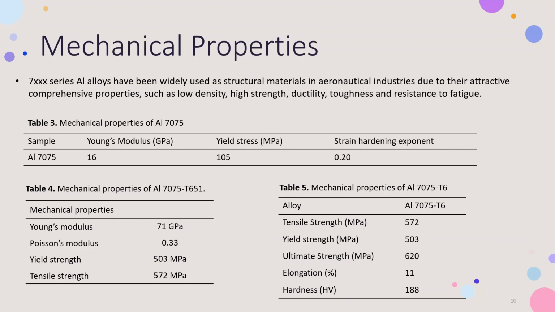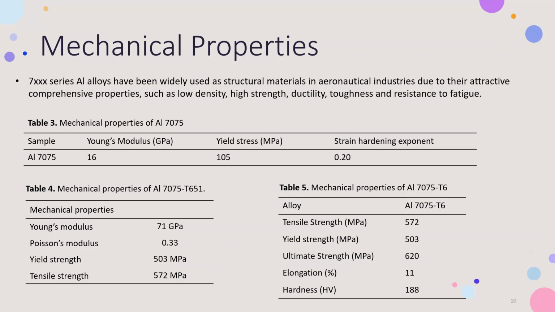It has a Young's modulus of 16 gigapascal, a yield stress of 105 megapascal, and as stated before, different tempers of aluminum 7075 are widely used, but here in table 4 and table 5 we mention two of them.